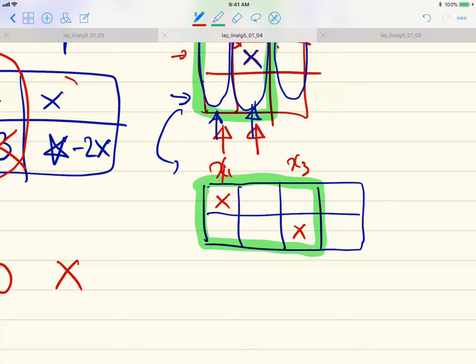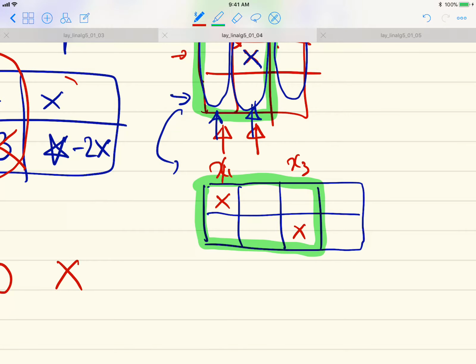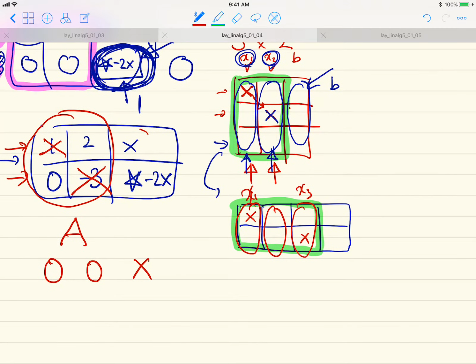In this case, the entire space is a two-dimensional space, right? And how many vectors are we given? We are given three vectors, but in the two-dimensional space. So we have one vector, the second vector, and then maybe the third vector.